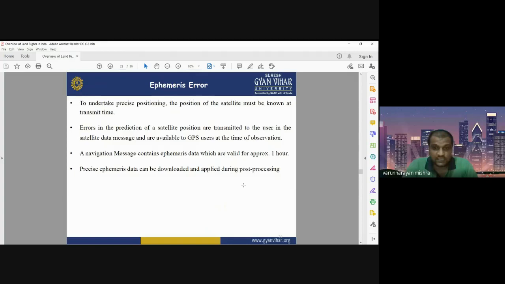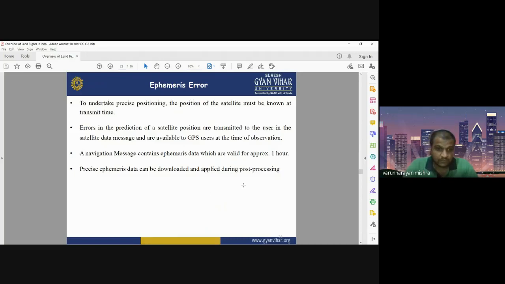Without that, we cannot get the precise information, and we cannot get the precise positioning of any object on the Earth surface. So the data containing the position of the satellite in the space is known as ephemeris data.